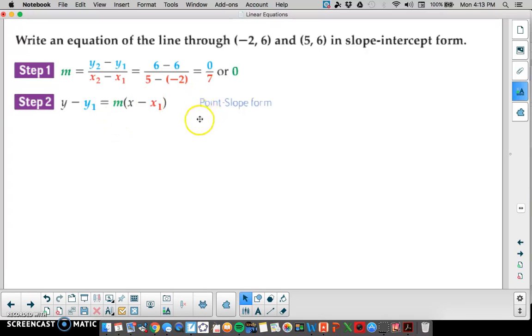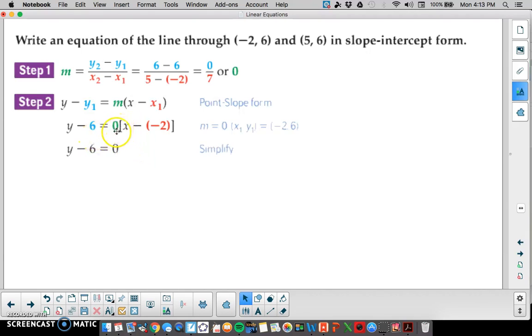So if I plug it into point-slope form, again, I can choose either point. I'm going to plug in 0 for my slope, and then plug in (-2, 6). I could have chosen (5, 6), and I would have still ended up with the same equation.